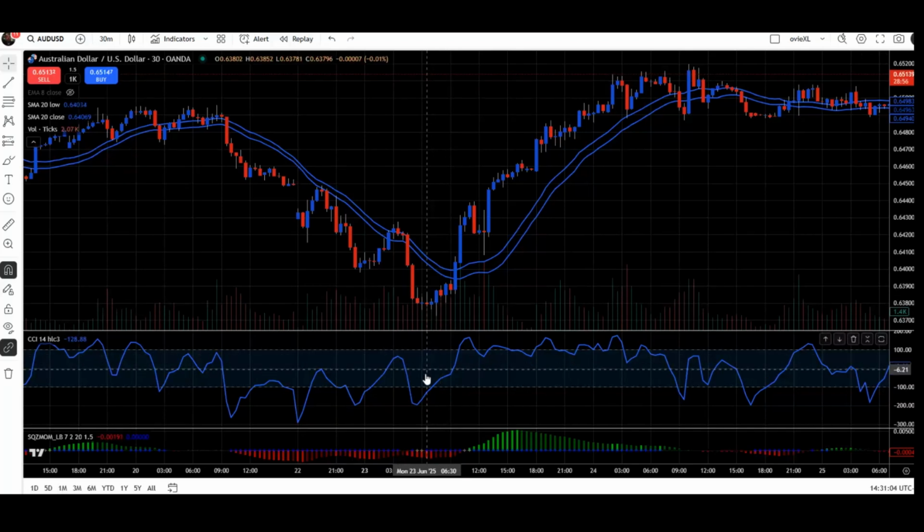So the CCI is a really wonderful tool when it comes to that, right? Whenever you see this, guys, you know that there's a strong probability that there's going to be a pivot or a market change.